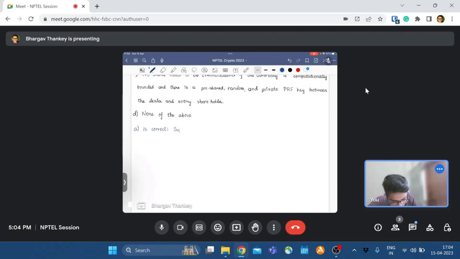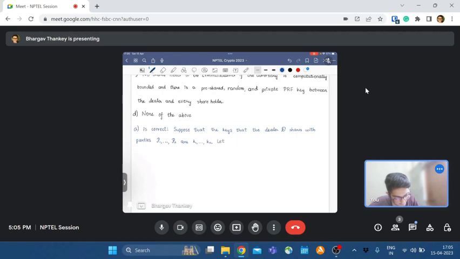So suppose the shares with the parties are K1 to Kn.